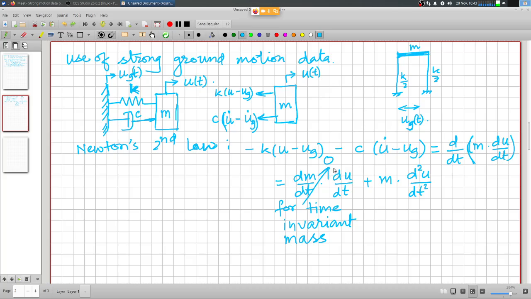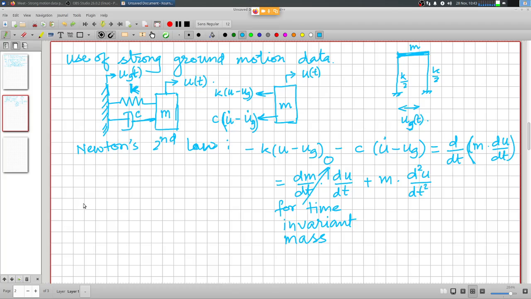This is not so in aeronautical systems. Aircraft and rockets, the fuel is burning at a very fast rate and dm by dt is not zero there. So this term would be present when we are dealing with aeronautical structures. But for the simple civil engineering structures, ground based structures, mass is time invariant and this term vanishes, and we are left with this simple term related to acceleration, right?